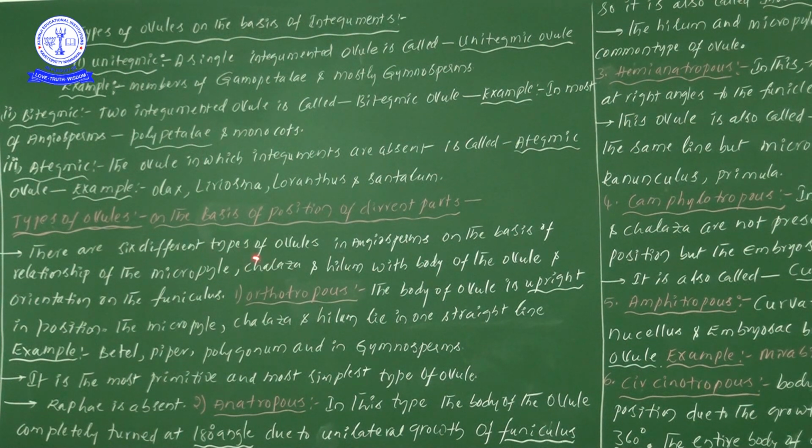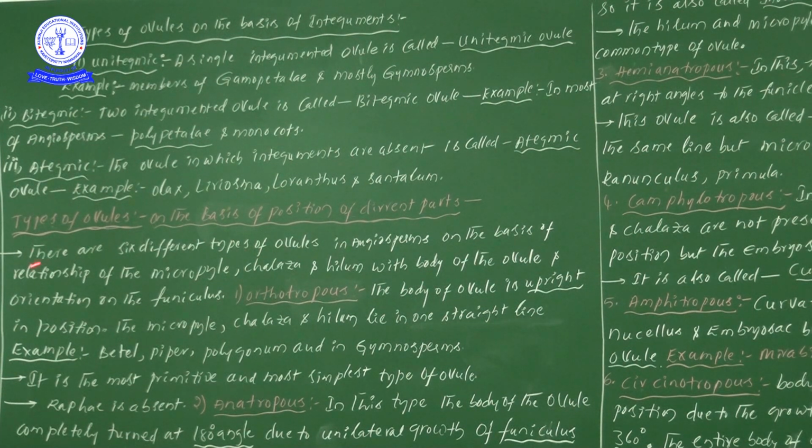There are 6 different types of ovules in angiosperms on the basis of the relationship of the micropylar region, chalazal region, and hilum with the body of the ovule.